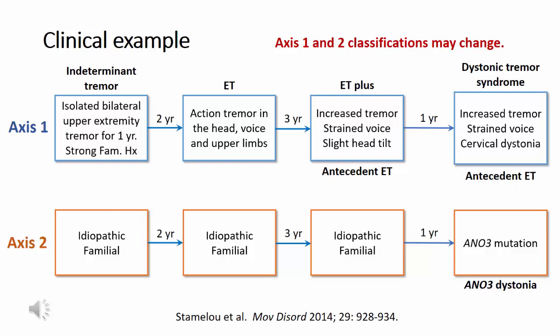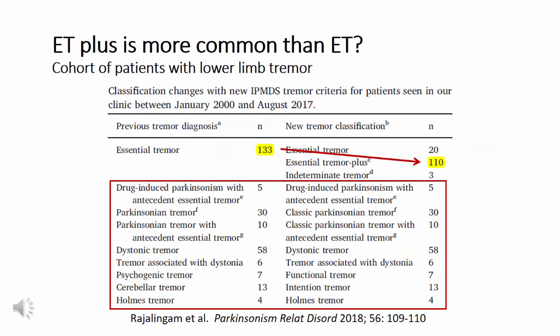The strict definition of essential tremor and the new emphasis on soft signs in essential tremor plus have already had an impact on clinical diagnosis and research. Experts have reviewed previous diagnoses in the context of the new classification scheme, and they have found that many patients previously classified as essential tremor are now reclassified as essential tremor plus.